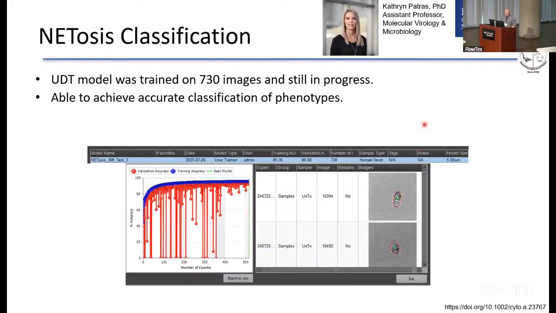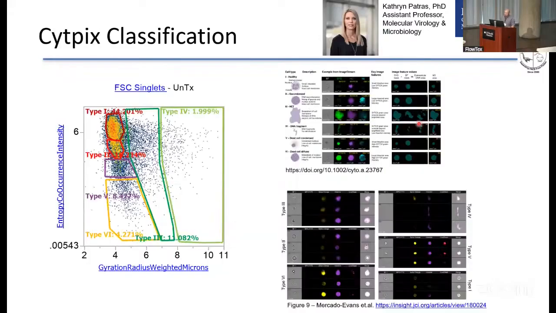It's still in progress, but we were able to get a decent accuracy. We're in the 80-ish% training and validation accuracy. So there's still a little bit more work to be done, but I think we're at a pretty good place so far. And so after all that trial and error, we determined that, yes, we are able to use just Brightfield imaging parameters to distinguish these 6 phenotypes of netosis.